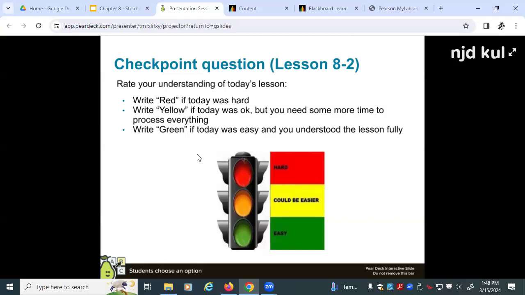And then what we're also going to do next week is look at chapters 9 and 10 together. Now, I want you to take that with a slight grain of salt because we're not going to be going through the full chapter 9 or the full chapter 10.